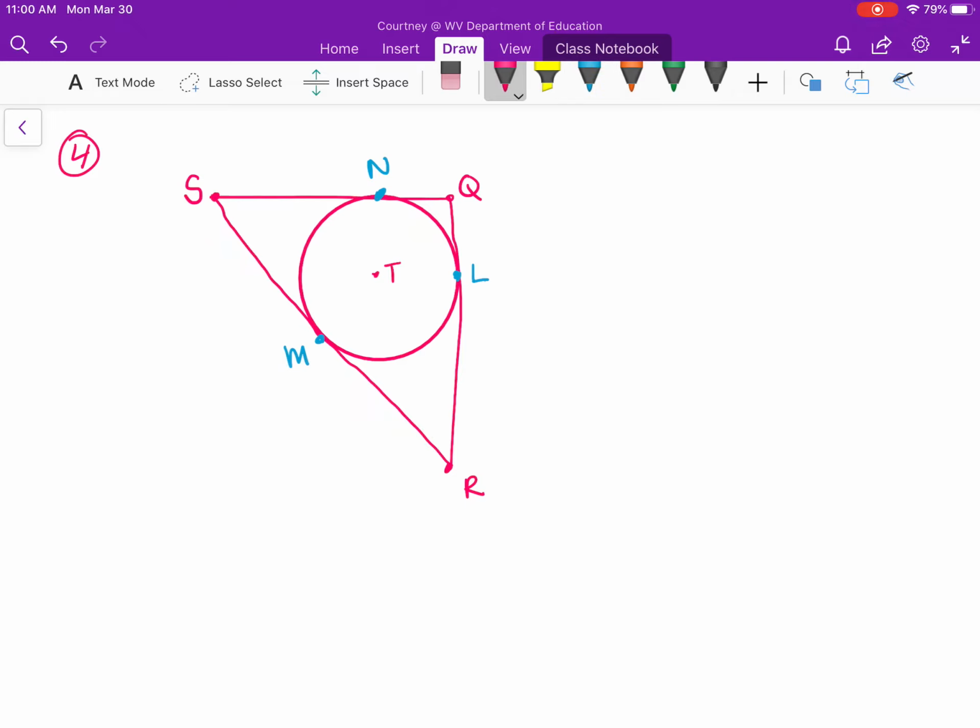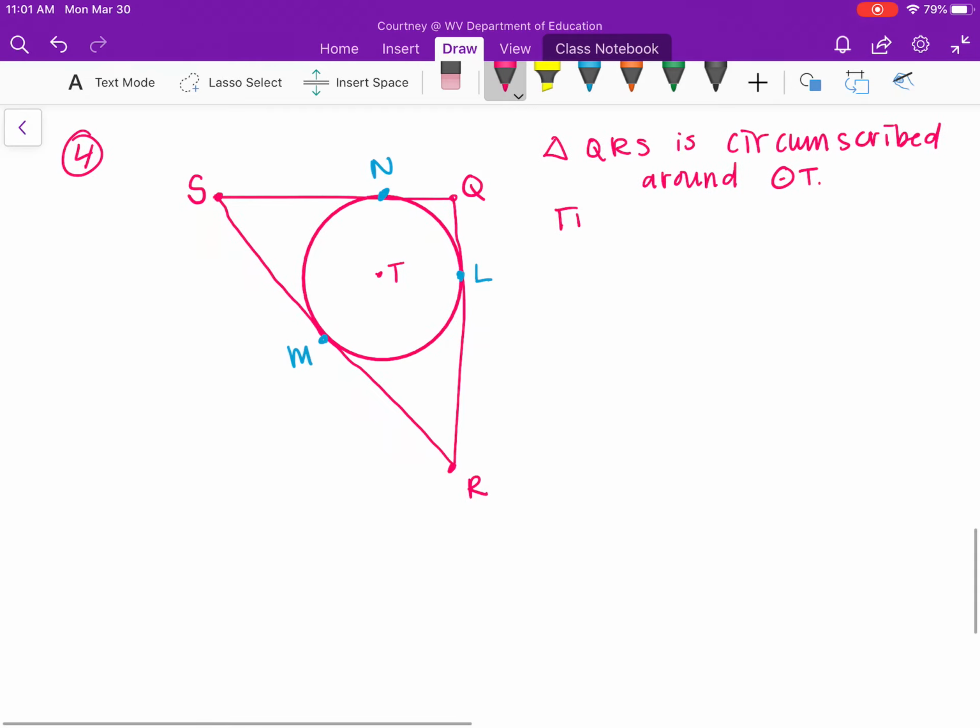Okay, so triangle QRS is, what's it called when a polygon is on the outside of a circle? Circumscribed. It's circumscribed around T. They want us to find, oh, I should probably give you measures first. This is 2. This is 2.